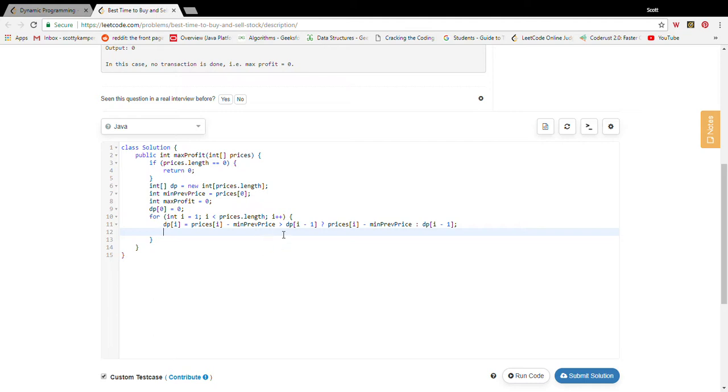So again, this is just the recurrence relation we came up with. The max profit at day i is equal to, and this is a ternary statement. If you don't know much about ternaries, just go give them a quick read. They're not terribly confusing.